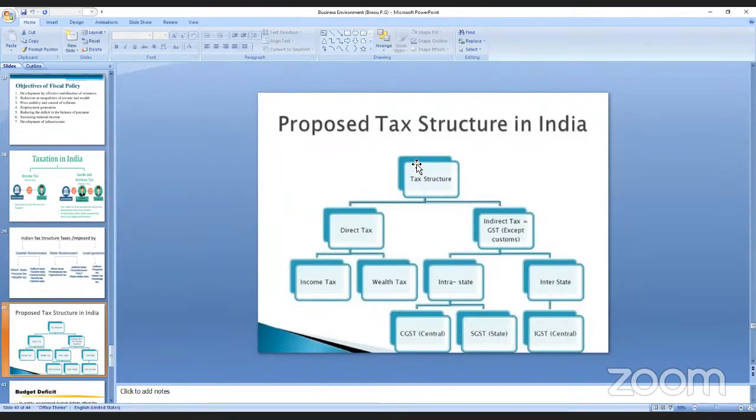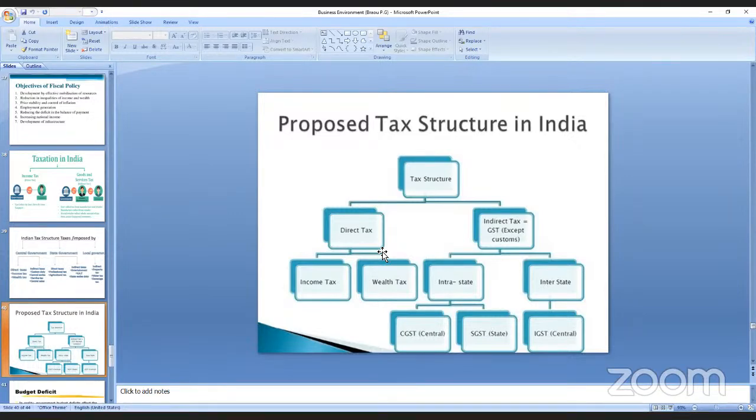When you are exporting goods from one place to another place, you have to pay the tax. That is interstate and intrastate. In direct tax, you are paying the income tax and the wealth tax directly; the individual is directly paying to the government. The indirect taxes are GST, SGST.